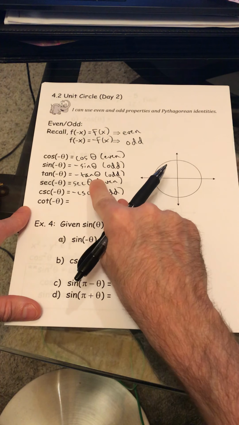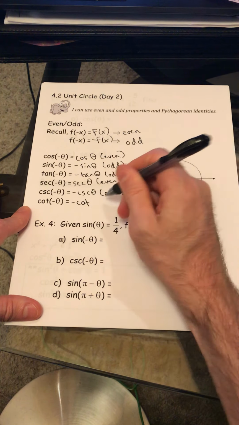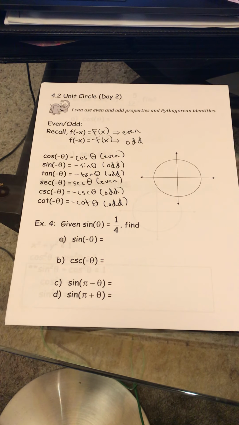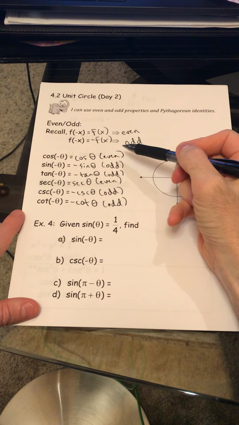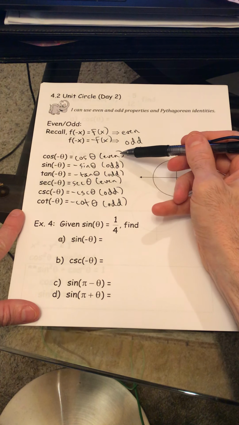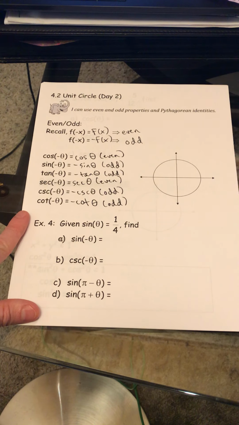And again, because it's reciprocal, cotangent will be the same sign. Cotangent is also an odd function. Really, the easiest way to talk about this is, if you know the two that are even, everything else is odd.